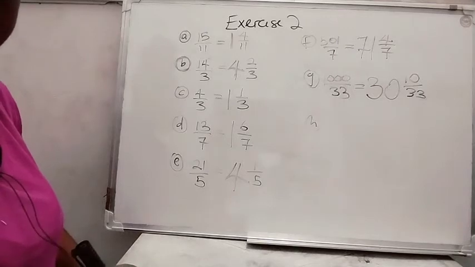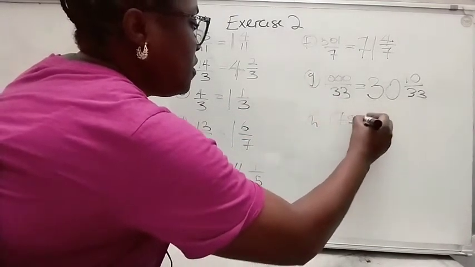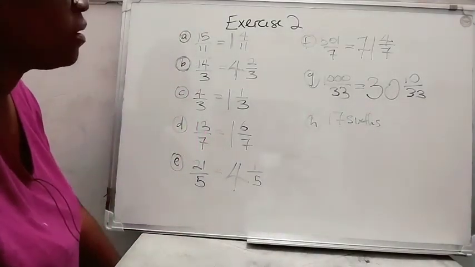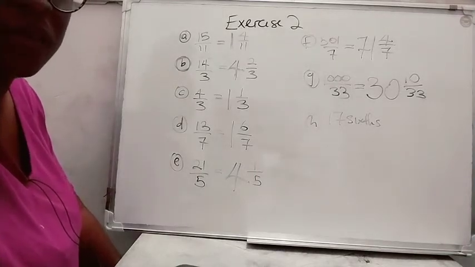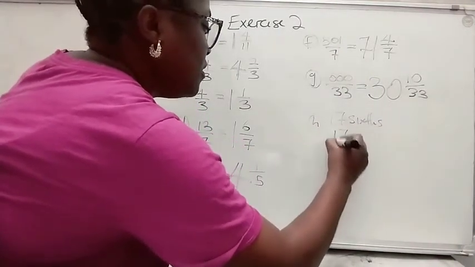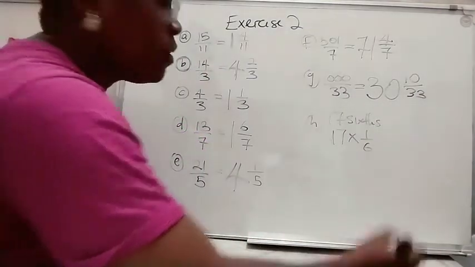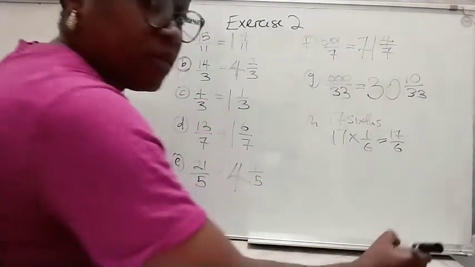So our H problem says 17 sixths. Okay? That to me looks like 17 times 1 over 6, giving us 17 over 6.